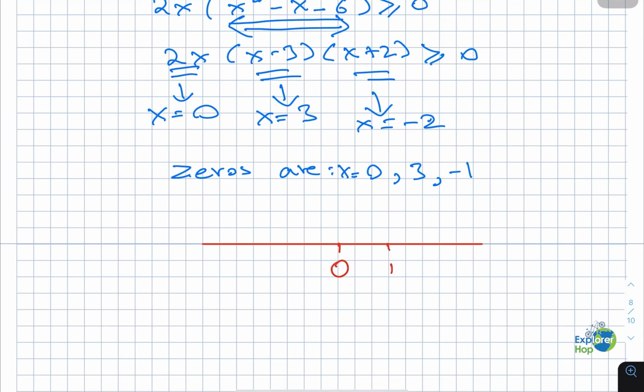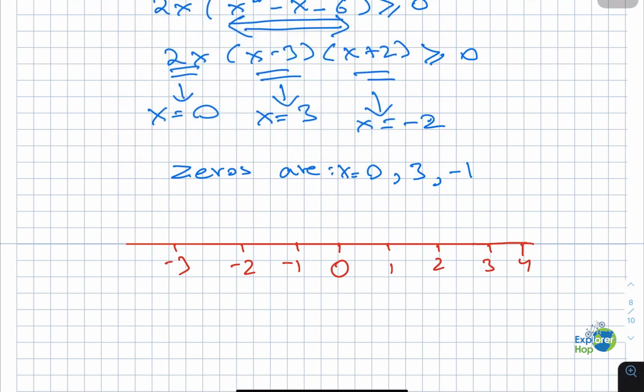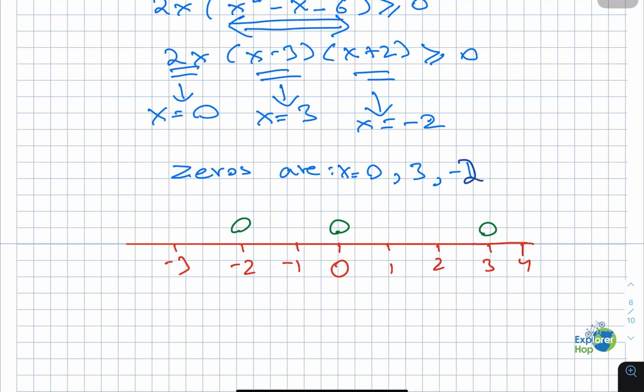We get 1, 2, 3, 4, minus 1, minus 2, minus 3. Okay, so let's mark down our zeros. One of our zeros is at 0, one is at 3, and one is at minus 2.